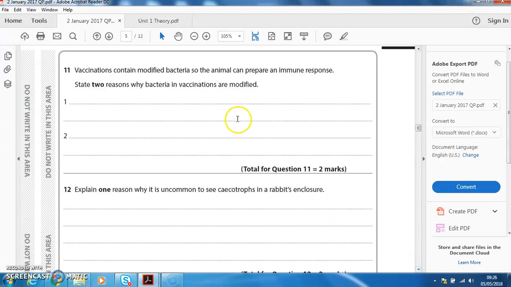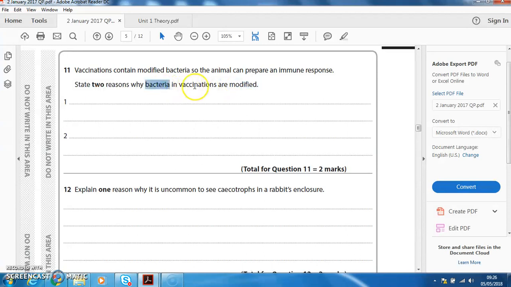Why are bacteria in vaccinations? Vaccinations are carried out to stop us getting diseases. Well, we use the bacteria from the disease to try and stop us getting the disease by putting the bacteria into something called a vaccination. But before we do that, the bacteria are modified or changed.